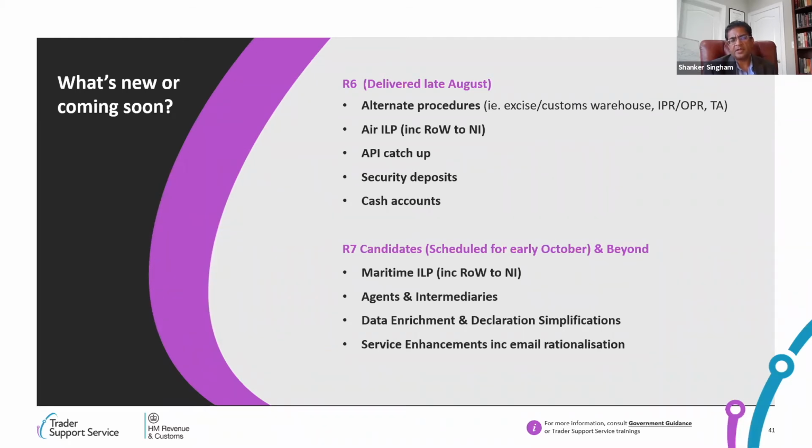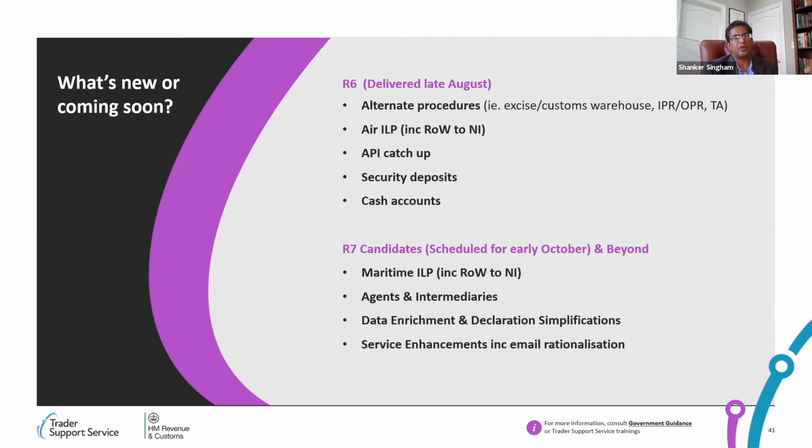Maritime ILP, so the same rest of world to Northern Ireland that arrives at Belfast Harbour. We've got new functionality, and this may be of great interest for agents and intermediaries, so that it makes it a lot easier for you to represent your client on TSS. Right now, people do represent clients on TSS, but all the communications go to the trader, so you have to get your arms around all those communications.